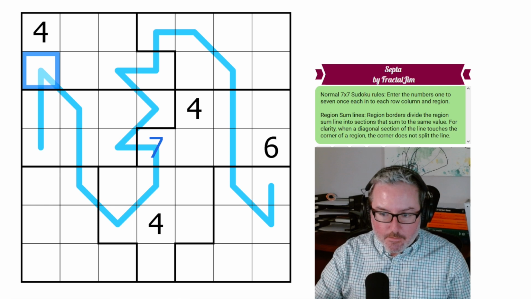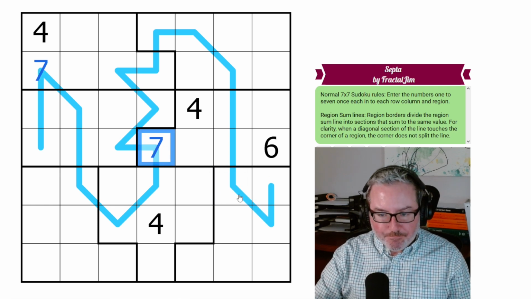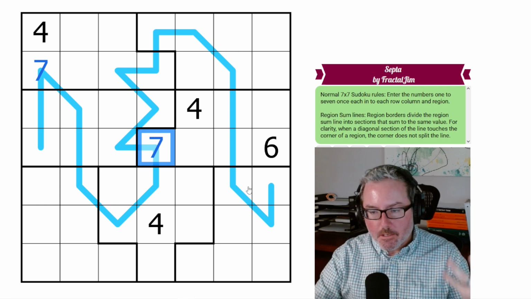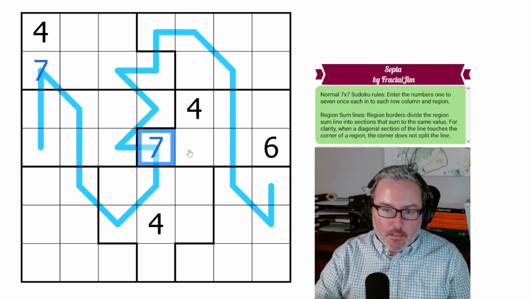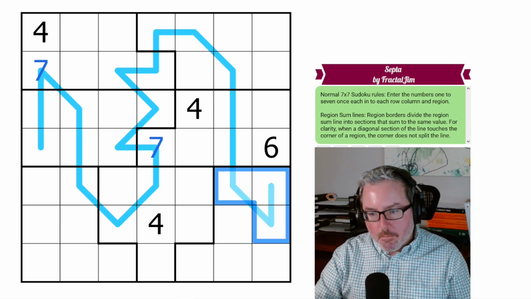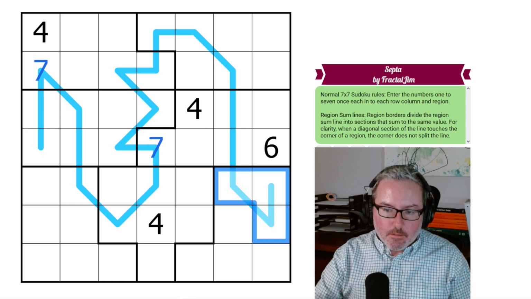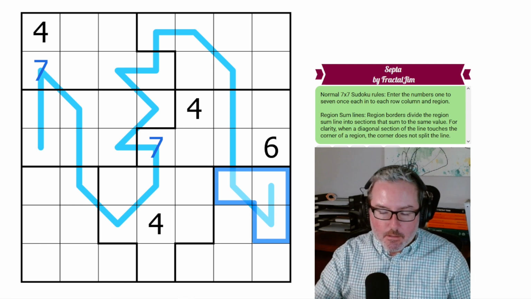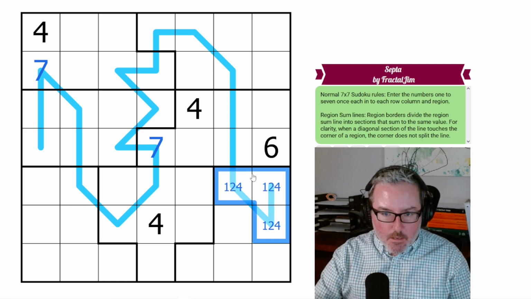So we know what the value of these are, and because it's 7x7, you obviously can't do 8 or 9. Because 7 is now our guaranteed value, there's only one way to make 7 in a region that has 3 cells, which is 1, 2, 4. So we could start using that information.